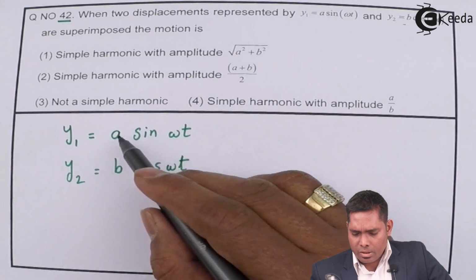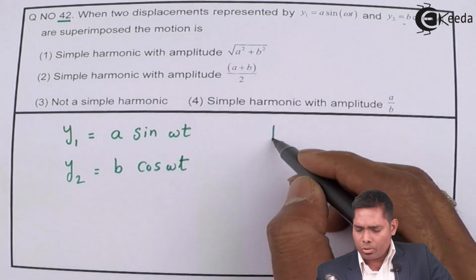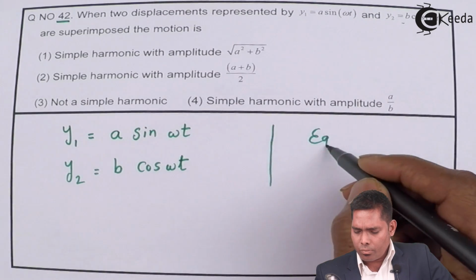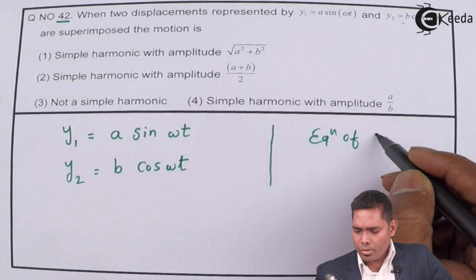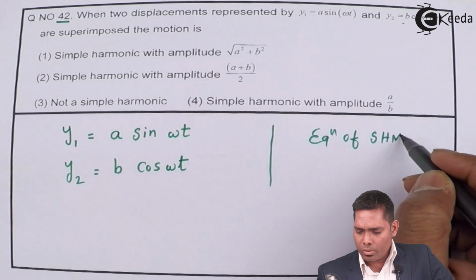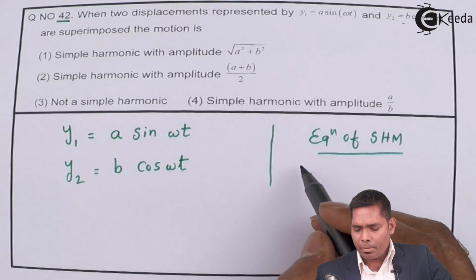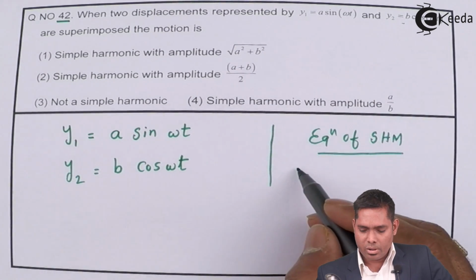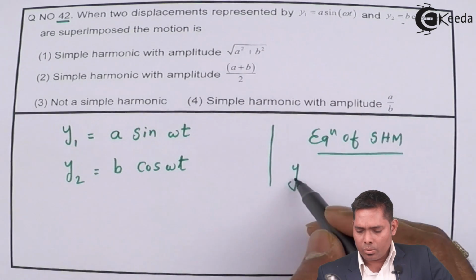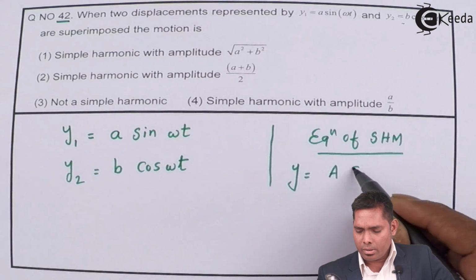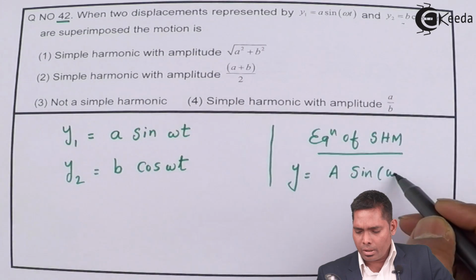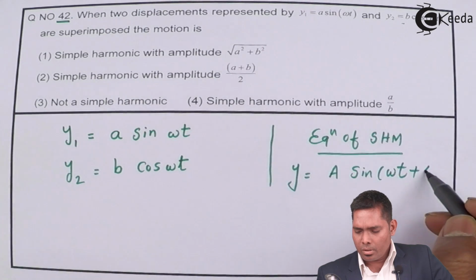This equation is basically the equation of simple harmonic motion. We know that the fundamental equation of simple harmonic motion is given by y equals a sin(omega t plus alpha).